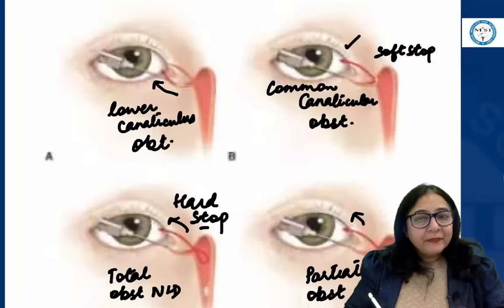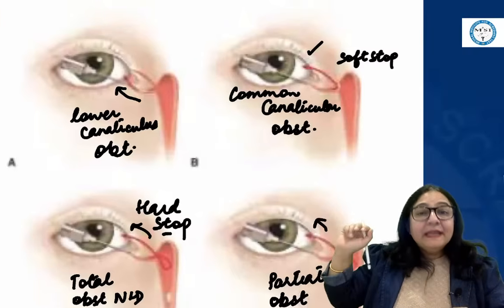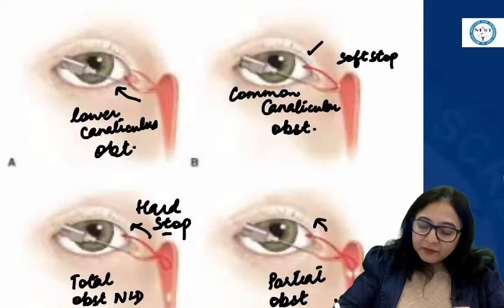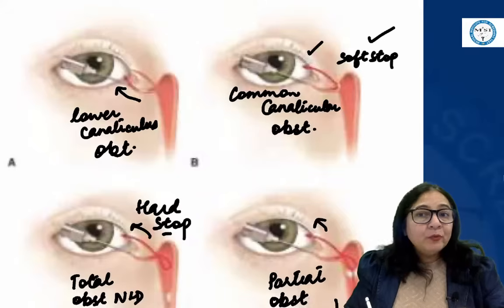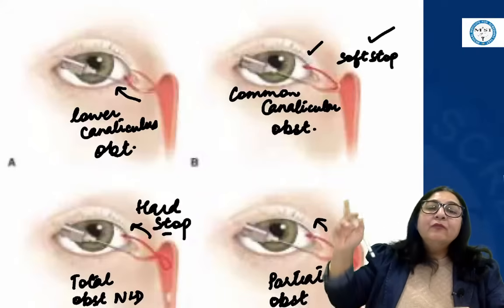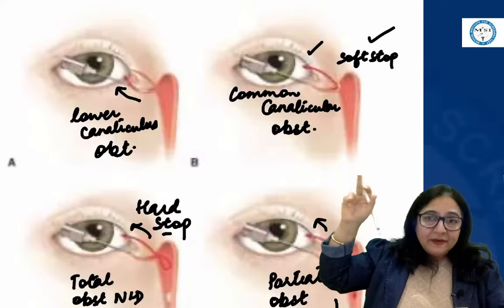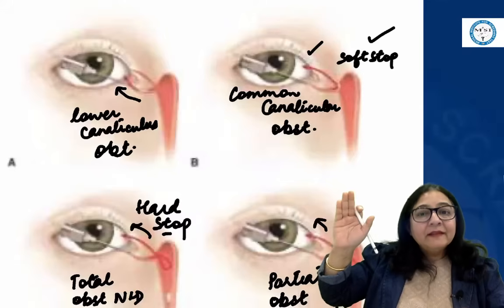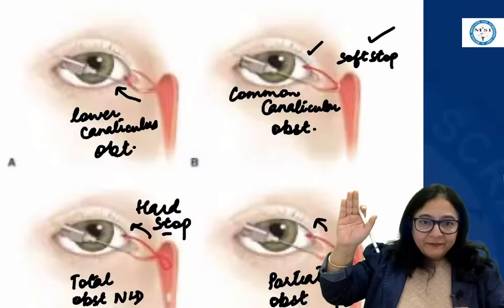In B, you are able to push the cannula, but you encounter a soft stop, you cannot push it any further, and the fluid comes from the opposite punctum, like from the upper punctum here. It means it's a common canalicular obstruction.